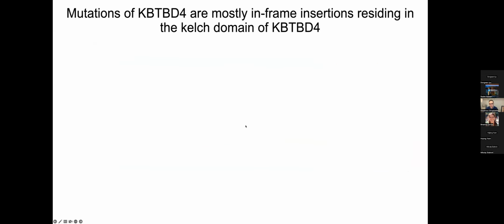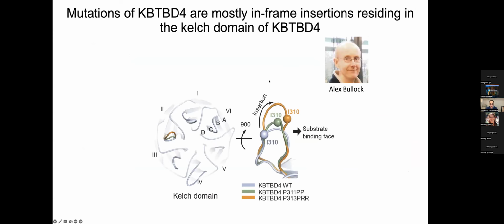However, my good friend and collaborator, structural biologist Alex Bullock, had a different idea. He thought that actually these mutations were very different from each other. So what they did, they changed the surface of the Kelch domain by pushing this residue isoleucine 310 within the Kelch substrate.